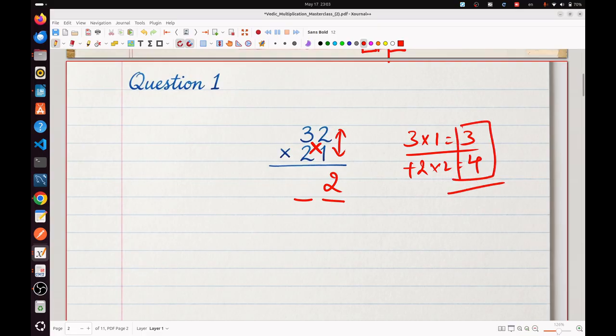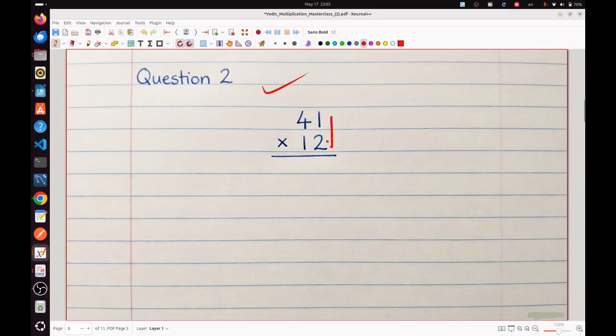If you add 4 plus 3, we get 7. This 7 will be kept in the middle. Last step, multiply these two, 3 into 2, that is 6, and we keep it on the left side. So this is the answer, 672.